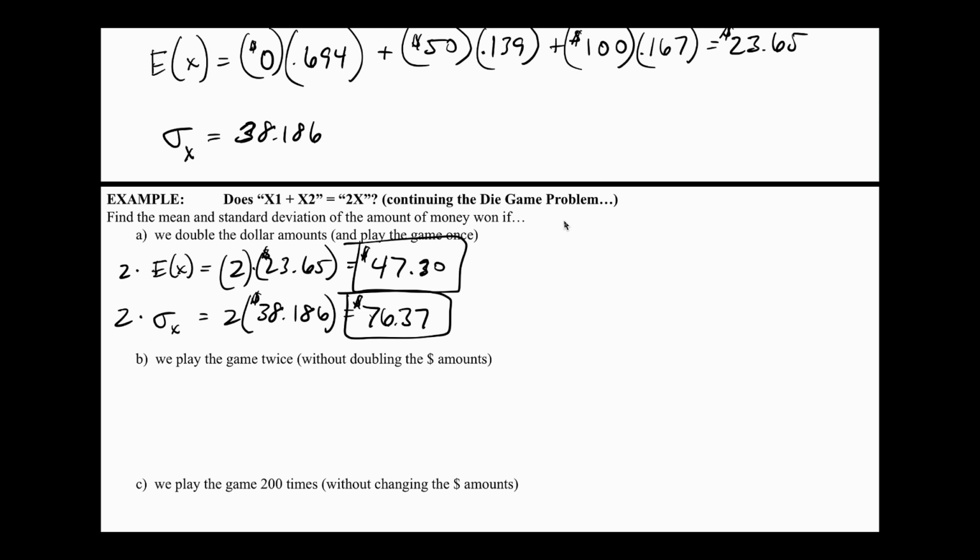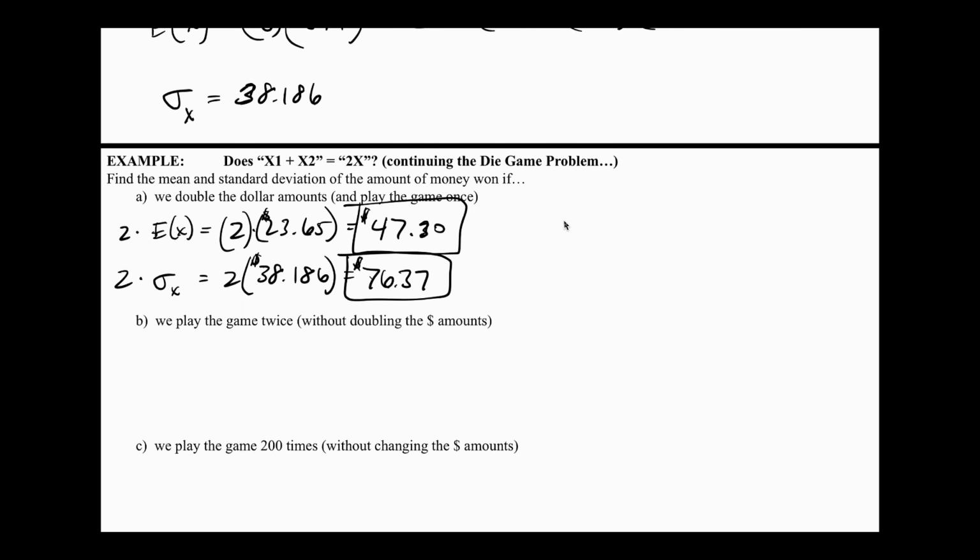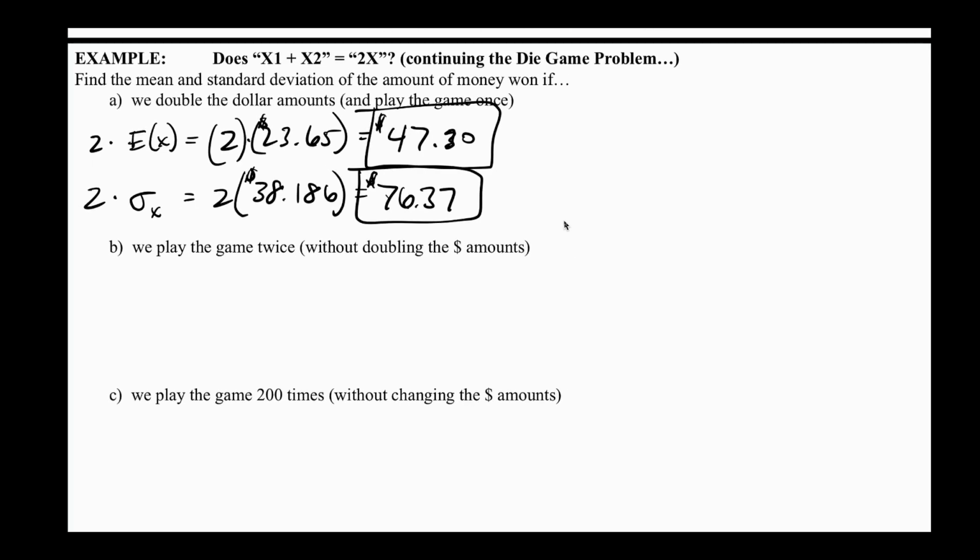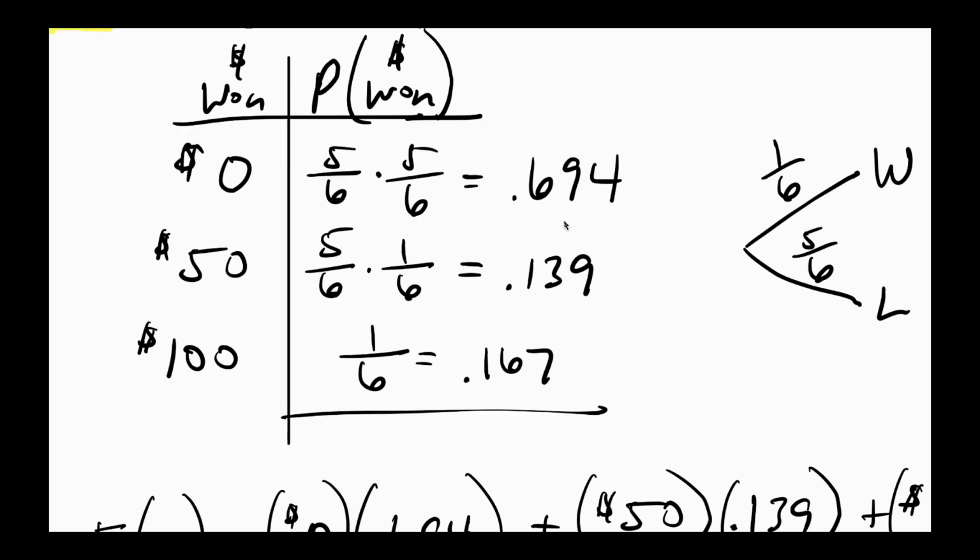Last thing, we'll do letter C tomorrow. How about if I play the game twice? So go back to the original monies, 0, 50, 100, but I play the game twice. Not once, twice. So the mean would be the same, but the standard deviation wouldn't. Don't I now have 2 of these, one for the first time and one for the second time?